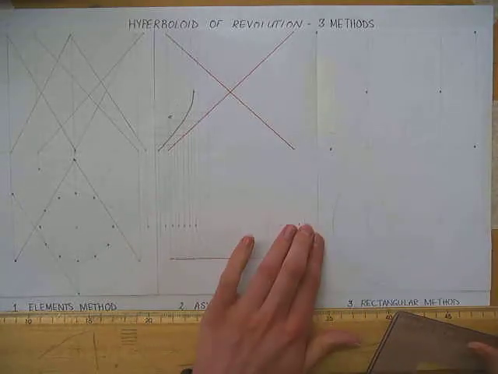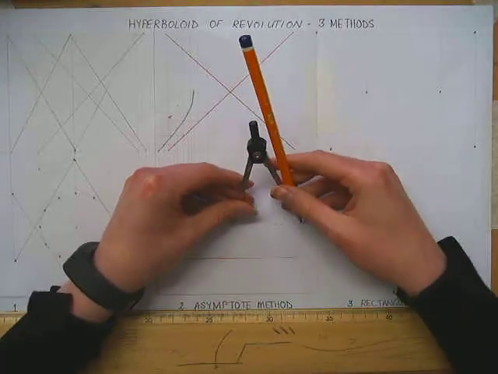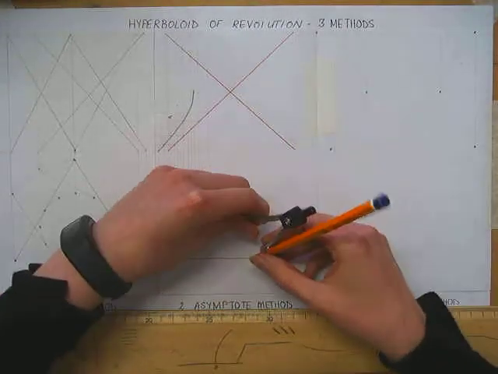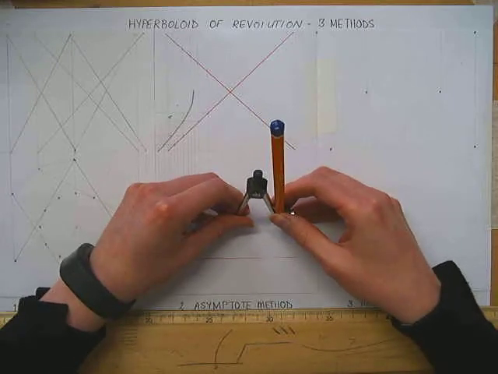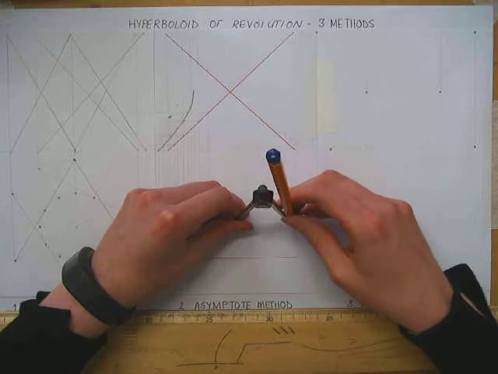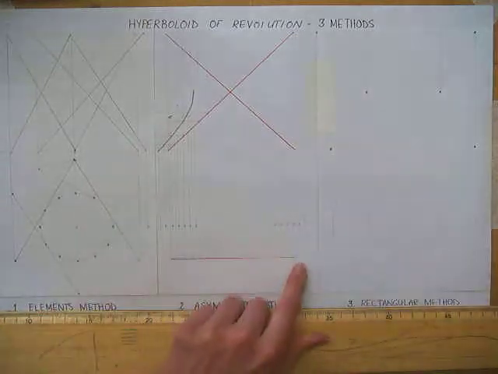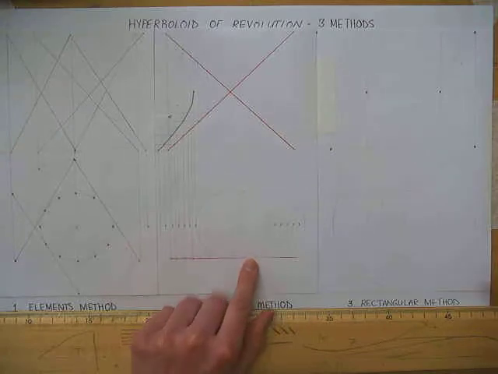With these 5 points, I need to find them on the asymptote, so that means I need to rotate these points down. So put your compass on the centre, rotate the points down. Now I've found the 6 points on my asymptote.